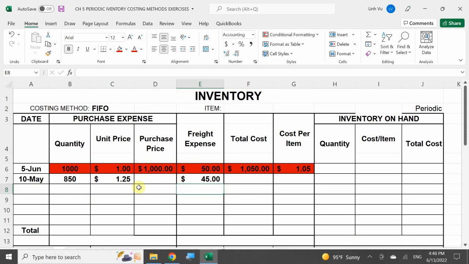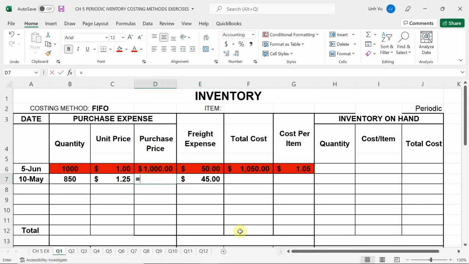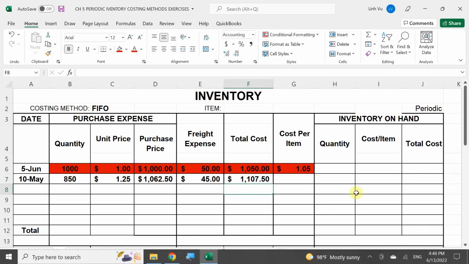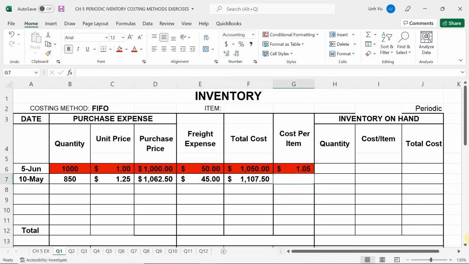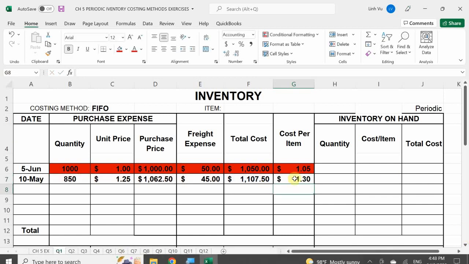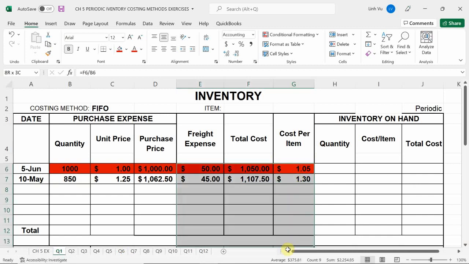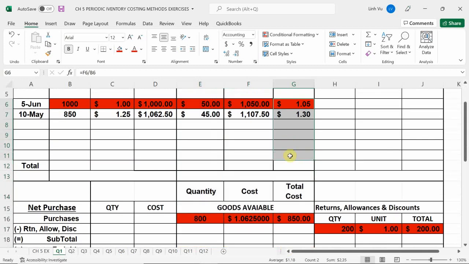So in this case, my purchase price is going to give me $1,062.50 plus $45 of freight. It's going to give me a grand total of $1,107.50. And again, we need to spread this total cost evenly across the 850 units. So I get $1.30 per item.